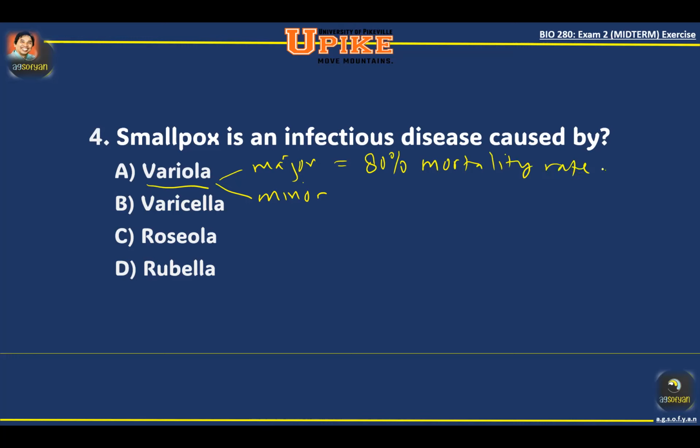But the good thing, variola major has been eradicated by vaccination. So it is good that smallpox major is not around in this world anymore. At least that's what happened in 1980. So it's variola.